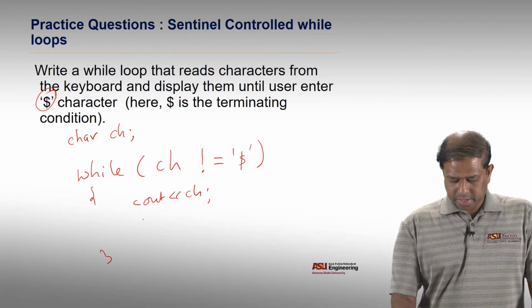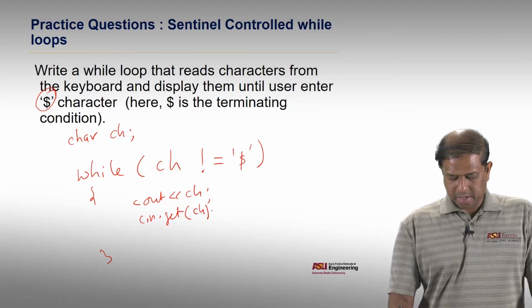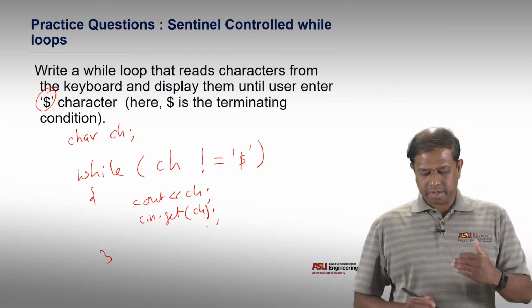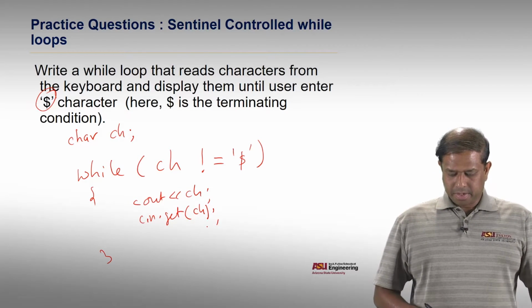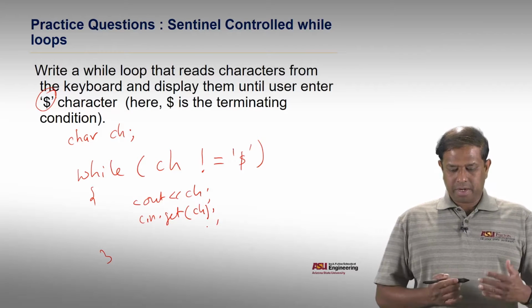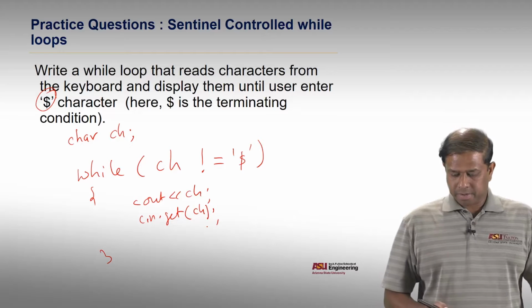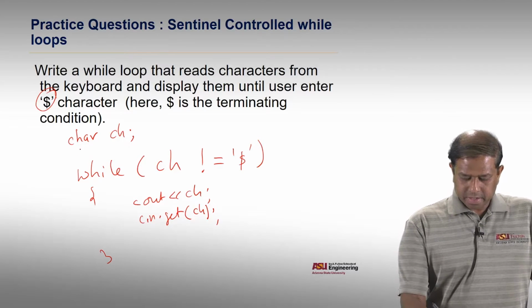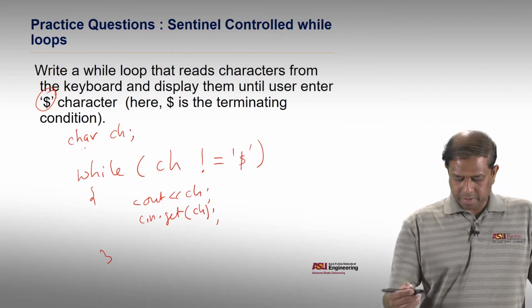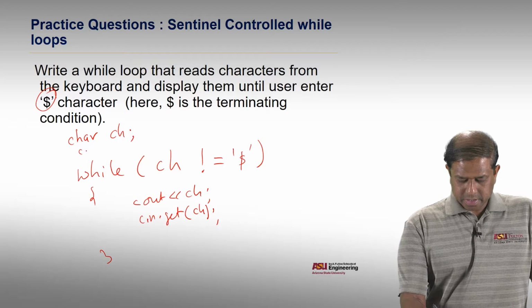Reading the next character, we can use cin dot get ch, so that's going to read even spaces. Now, in order to accommodate a situation where the user enters the $ sign as the very first character, we should be reading that actually before the loop. So cin dot get ch in here.